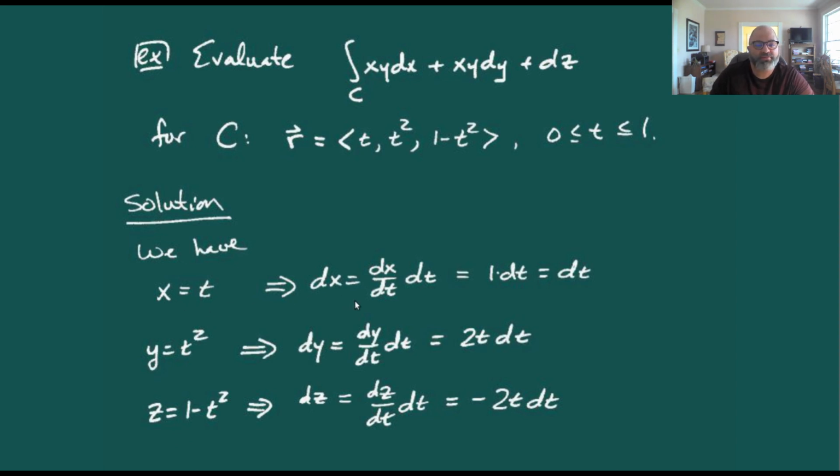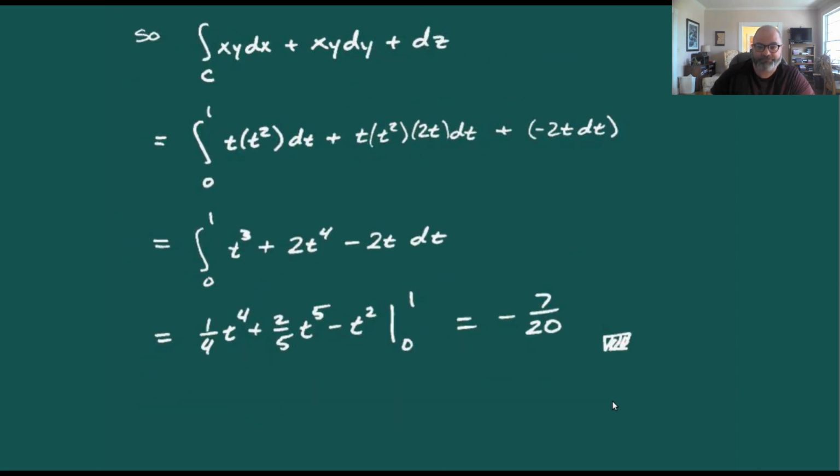If x is t, then dx is dx/dt dt, just our differential from Calc 1, which gives us 1 dt. y is equal to t squared, so our differential dy becomes 2t dt. z becomes 1 minus t squared, so our differential dz becomes minus 2t dt.